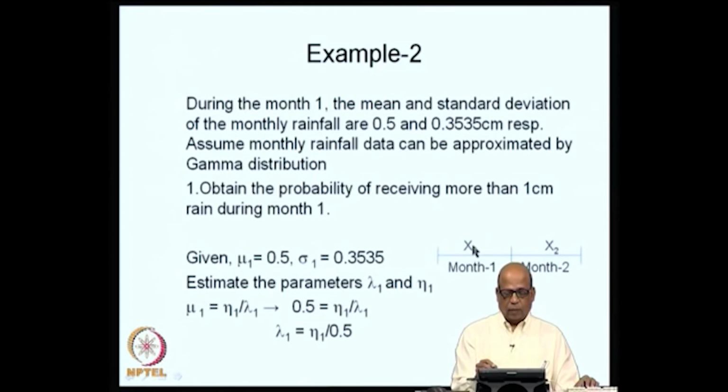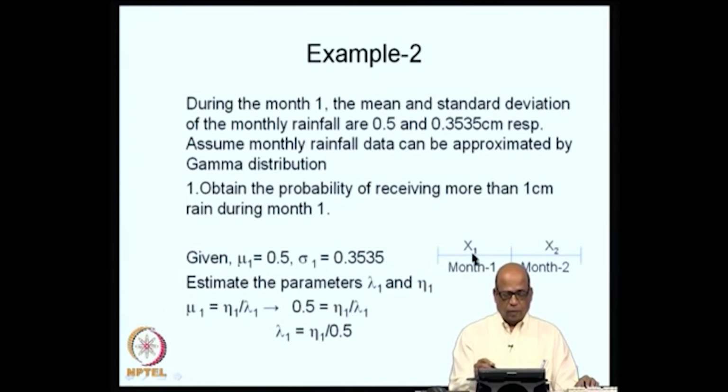So, x 1 is the rainfall during month 1 and x 2 is the rainfall during month 2. X 1 follows the gamma distribution and it has its moments given here, mu 1 is 0.5, the mean is 0.5 and the standard deviation is 0.3535. X 2 also follows a gamma distribution and the properties are given in the next few slides.